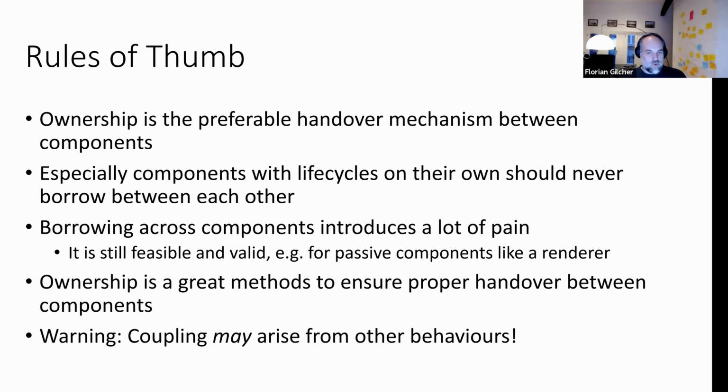Because ownership is a great method to ensure proper handover between components. I give up ownership and I give it to another component is a very, very common way to construct systems.